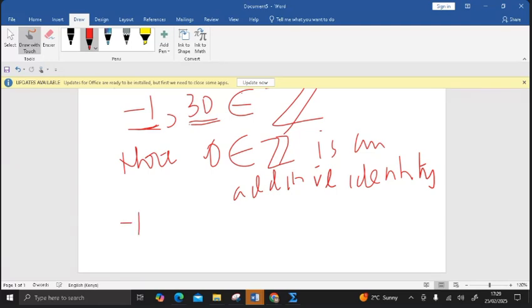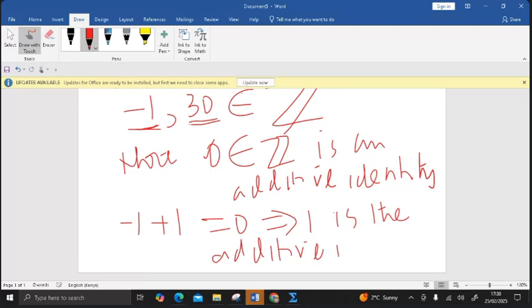The inverse of -1 is that number, which is also an integer, that when you add -1 to it, you'll always get the additive identity. Which number is that? One. Perfect. Therefore, 1 is the additive inverse of -1.